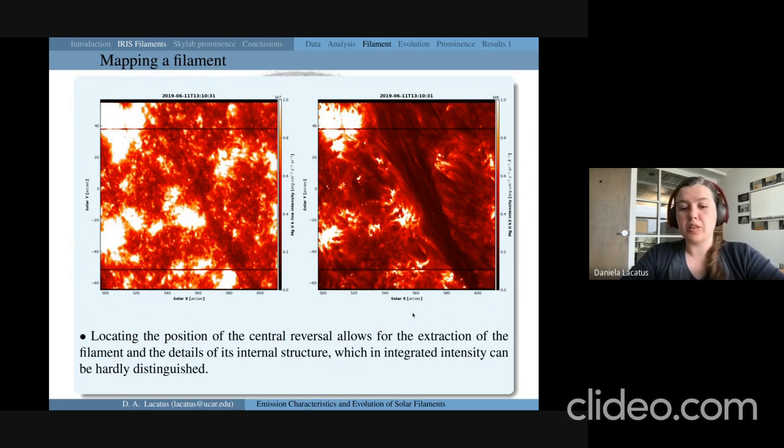This is useful because if you need to look at behavior or variation within the filament material, we can make a very straightforward delimitation, since we can easily identify the filament based on its intensity at the position of the central reversal.